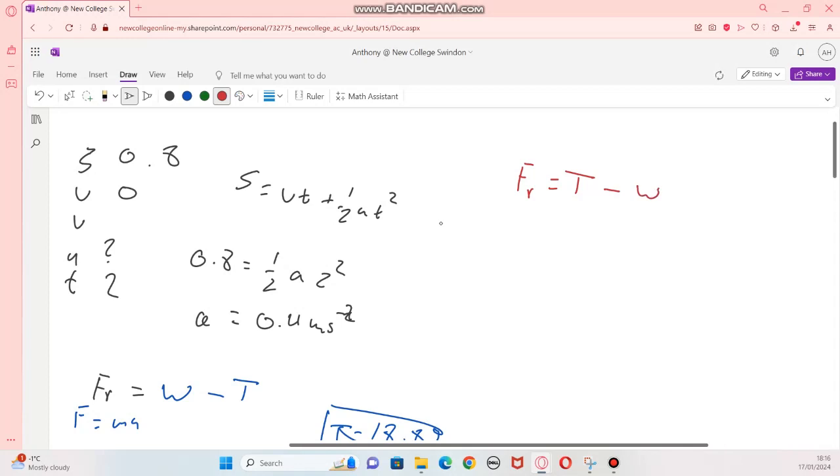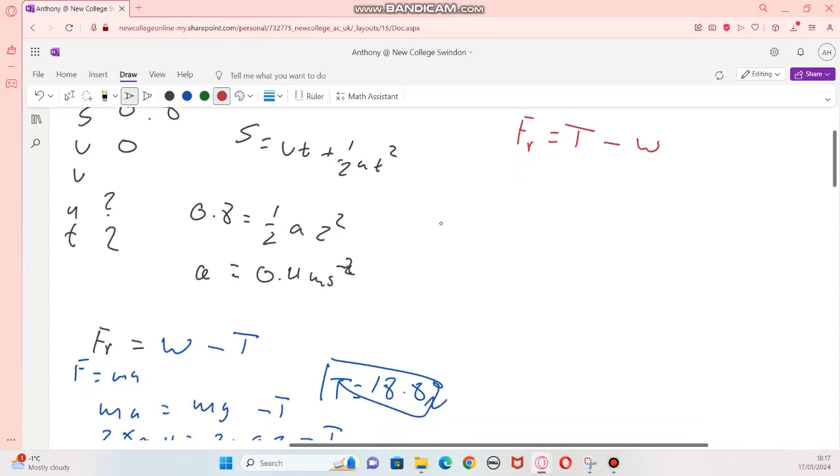The thing to know about pulleys is that tension is constant throughout as long as the string is inextensible. So tension is the same throughout, and we can replace these values in our equation. Resultant force is F = ma, and the acceleration is also the same throughout, so we can still use this acceleration. We get m times 0.4 = tension minus m times 9.8, which is the weight.